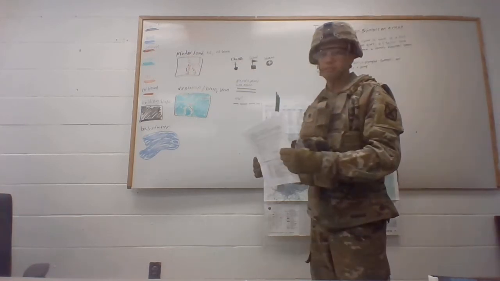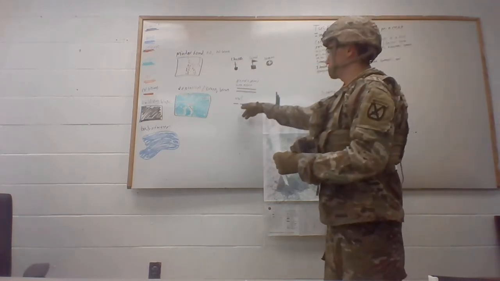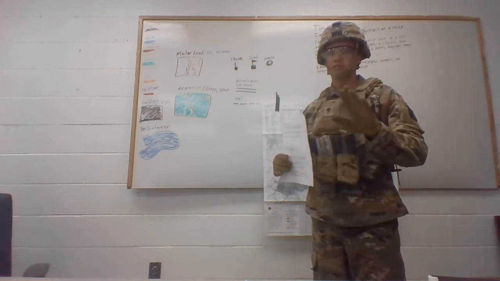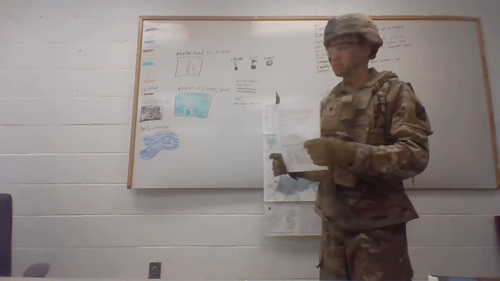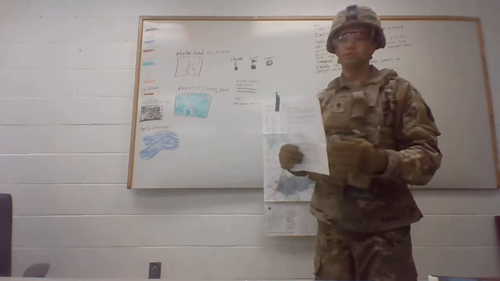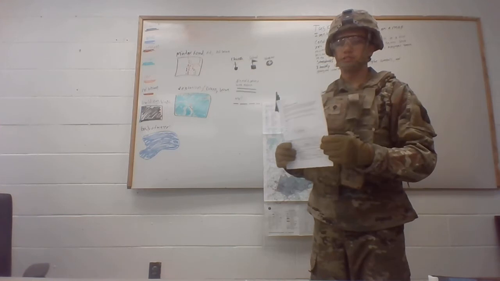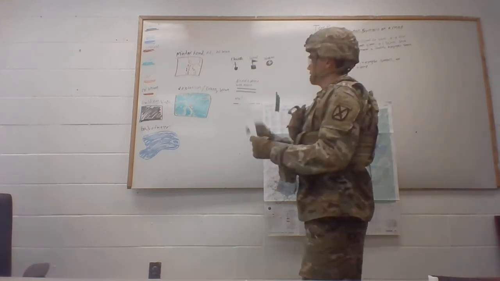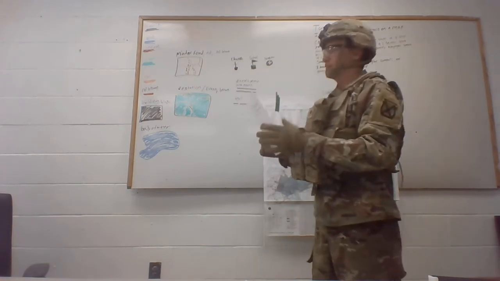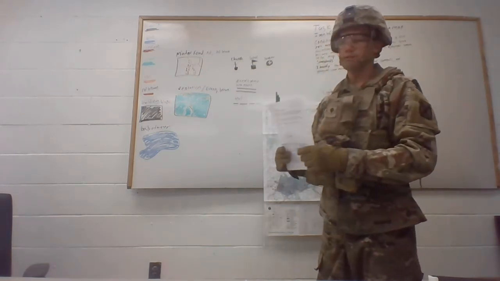So the examples I put up on the board would be a trail, which is a dashed black line. And then you would have divided highway with median, which would be 2 solid lines parallel to each other. And then up here will be a church, which is a black square with a cross above it.